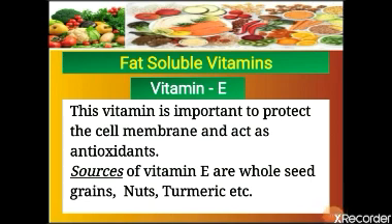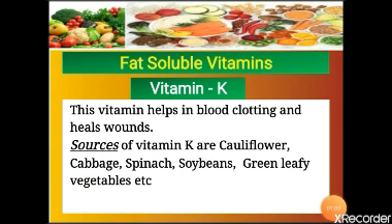Vitamin E. This vitamin is important to protect the cell membrane and acts as an antioxidant. The sources of vitamin E are whole seed grain, nuts, turmeric, etc. Vitamin K helps in blood clotting and heals wounds.